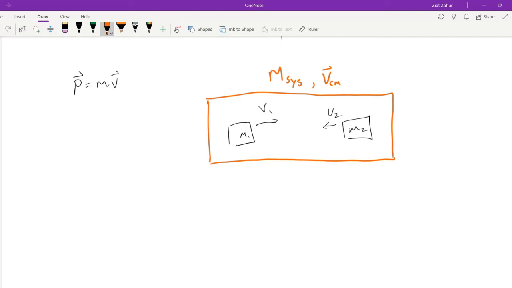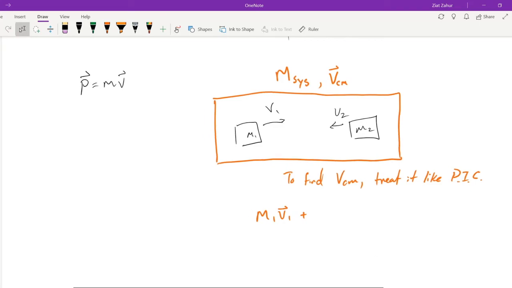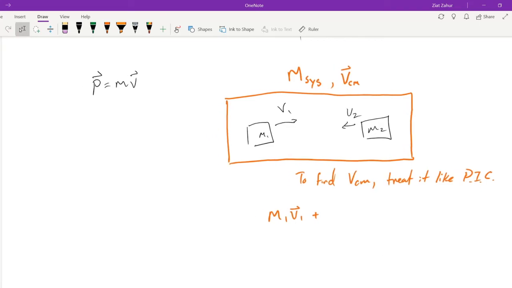So to find CM, treat it like a PIC. So M1 V1 plus, now these are vectors, so pay attention to the direction. So V2 is negative, make sure you plug in negative numbers if you are using values, but otherwise we write it in general form.